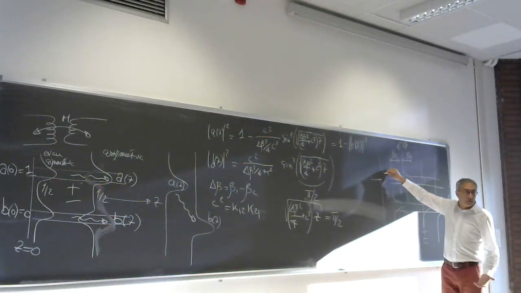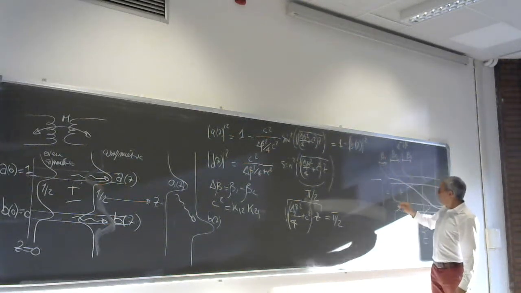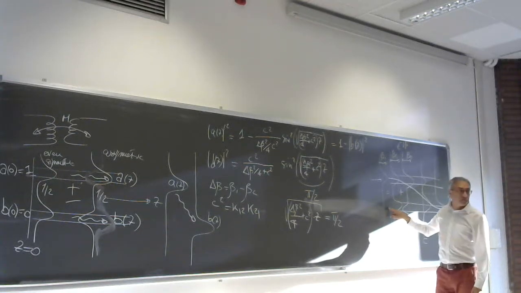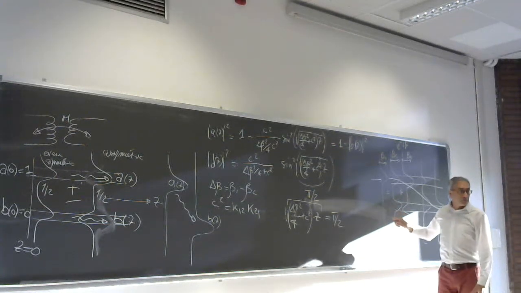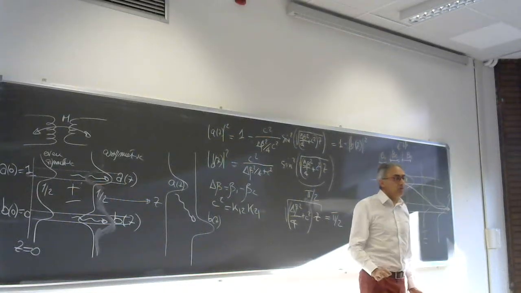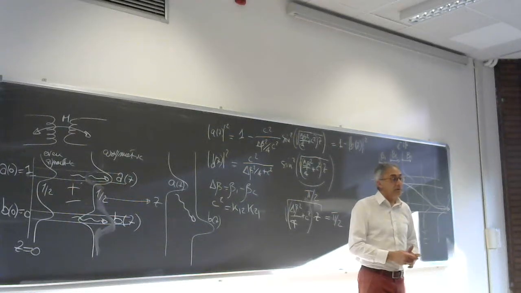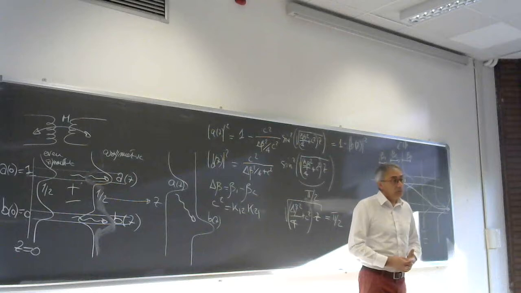This mode has a beta 1 and this other mode has beta 2. The difference is delta beta. The sum never appears, just in the formula of the average beta.